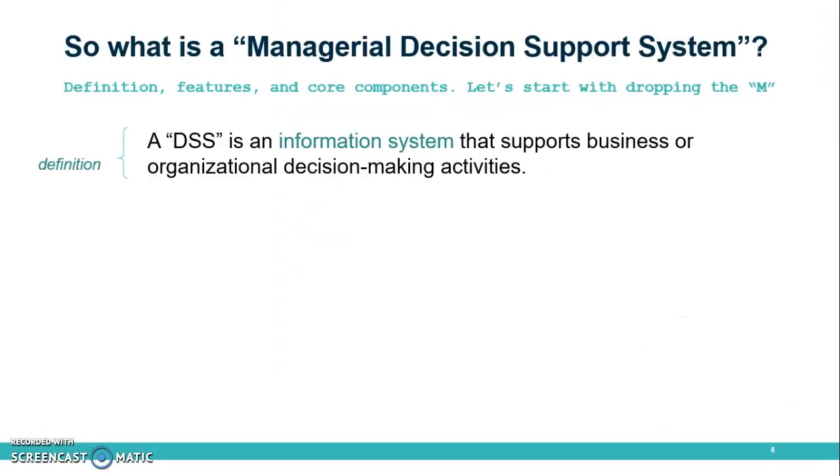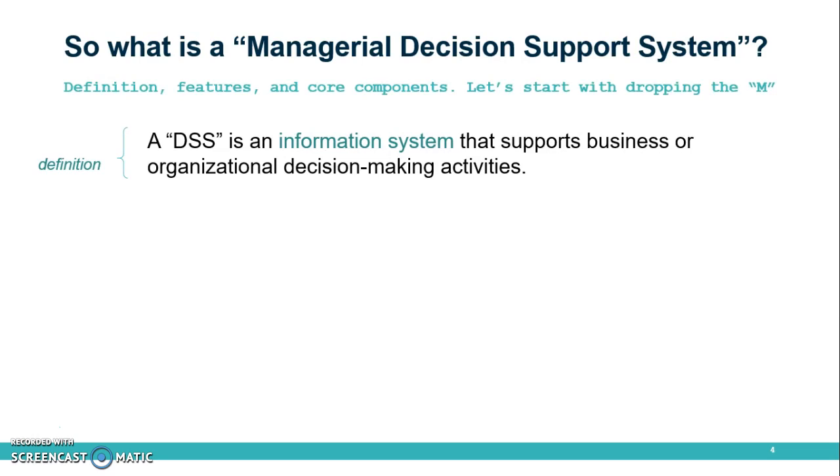Defining DSS. So what is a managerial decision support system? And then a quick definition. A DSS is an information system that supports business or organizational decision-making activities. It's a very broad definition. And because of the scope of the definition of a DSS, I've actually left off the managerial aspect of this for the majority of this presentation.